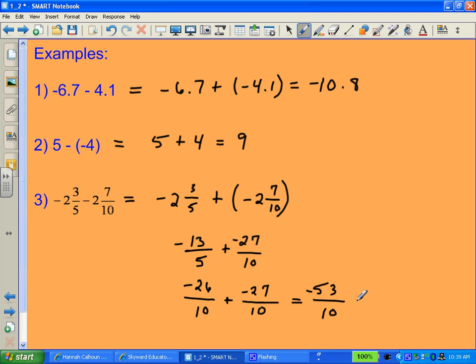Since they're both negative, my answer is negative. And I could leave it like this if I want to. If you prefer mixed numbers, 10 goes into 53 5 times with 3 left over, so this would be negative 5 3/10 as my answer.